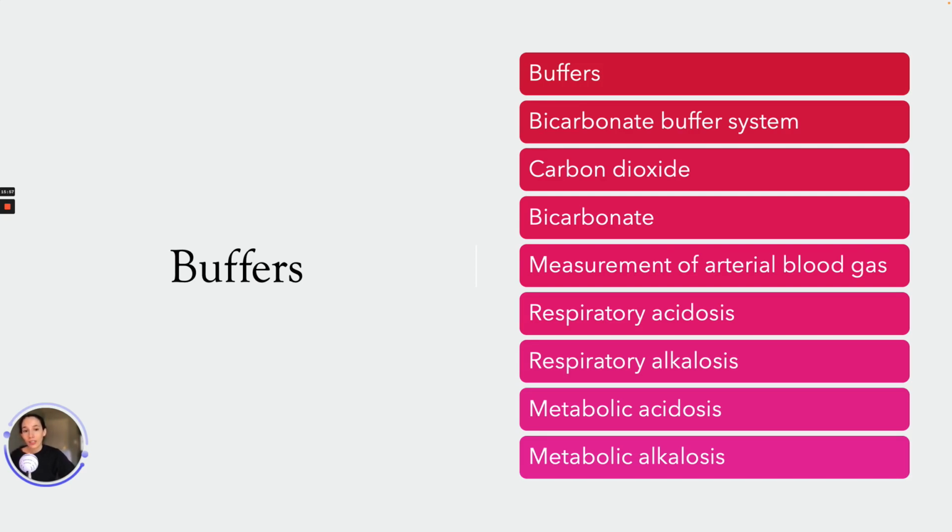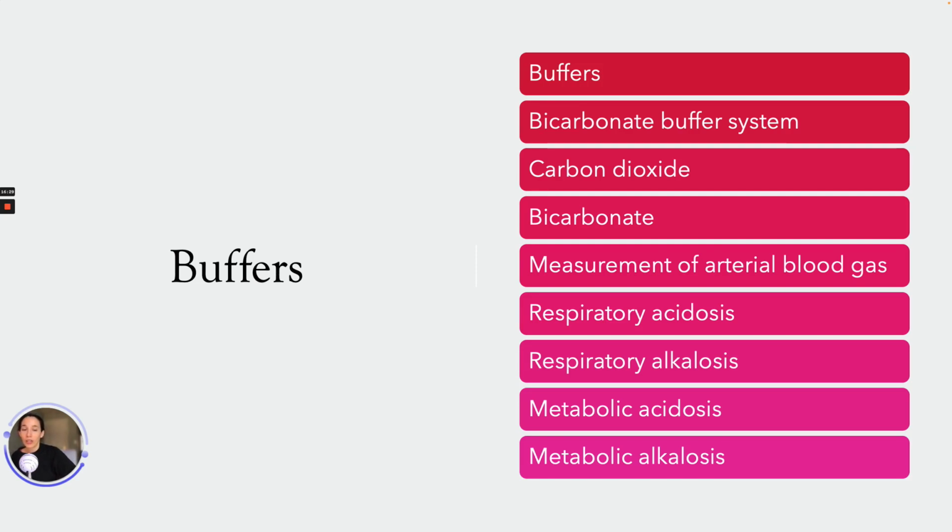Carbon dioxide, CO2, is the major compound controlled by the lungs, and the respiratory system can very rapidly compensate for too much acid and too little acid by increasing or decreasing the respiratory rate, thereby altering the levels of carbon dioxide. Bicarbonate ions are also basic components of the body, and the kidneys are key in regulating the amount of bicarbonate in the body.